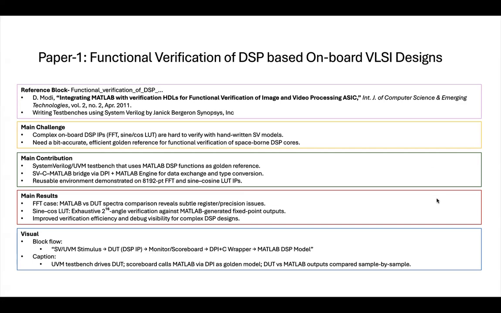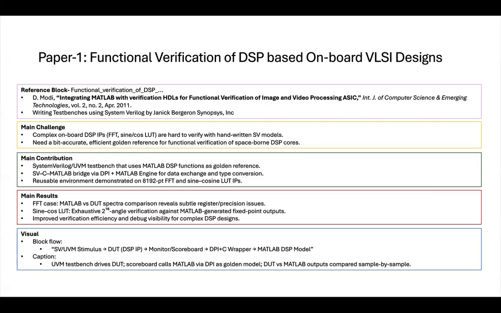So the verification environment is built in SystemVerilog or UVM like usual. You have constrained random stimulus driving the DUT, monitors collecting outputs, and a scoreboard deciding pass or fail. The twist is inside the scoreboard.